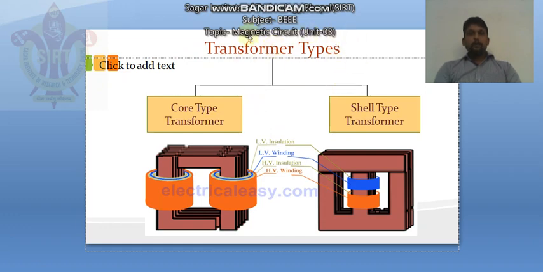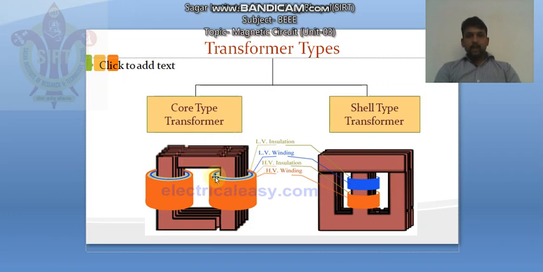Normally transformer has two types. First one is core type transformer, second one is shell type transformer. In core type of transformer we normally wound the low voltage winding and high voltage winding toward the outer of the core. Look here, in this core type we have wound this HV and LV winding at outer of the core.